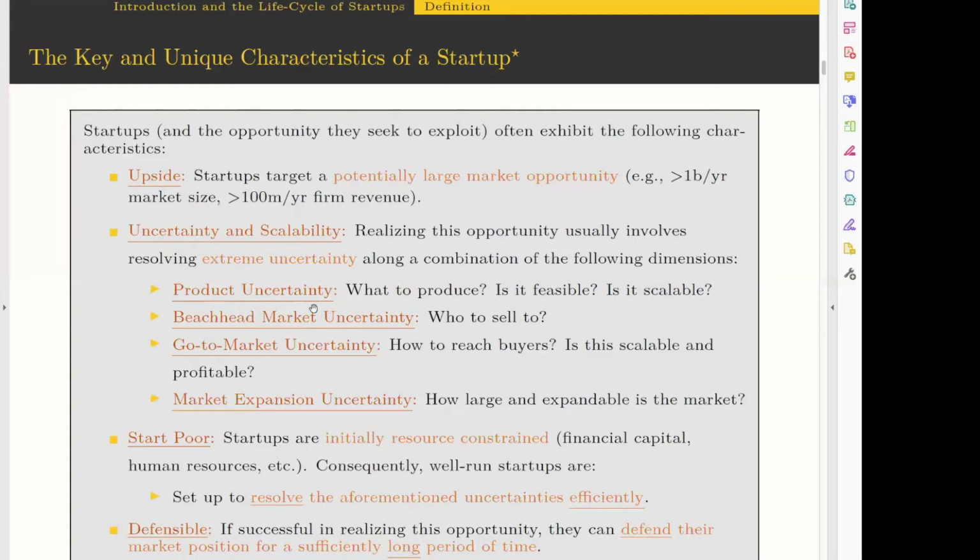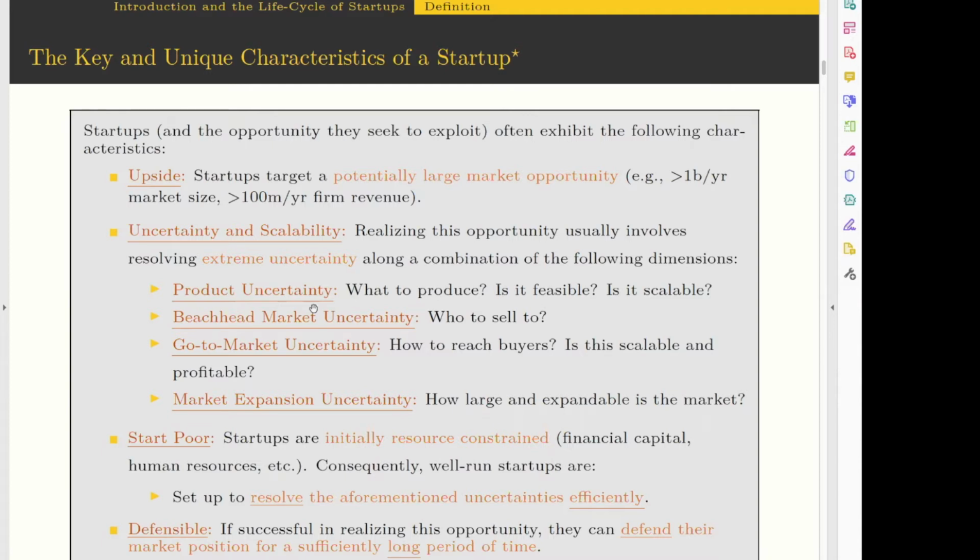They don't realize it's actually really difficult to sell. Going to market, even with a good product, is not an immediate thing, especially if you don't have a big marketing budget. So you need to figure out how to make your customer acquisition scalable as well. It's not enough for you to have a product that you can build 1 billion of. You need to find 1 billion people to buy it. And that's go-to-market uncertainty, which is different from finding the right product and the right way to build it.